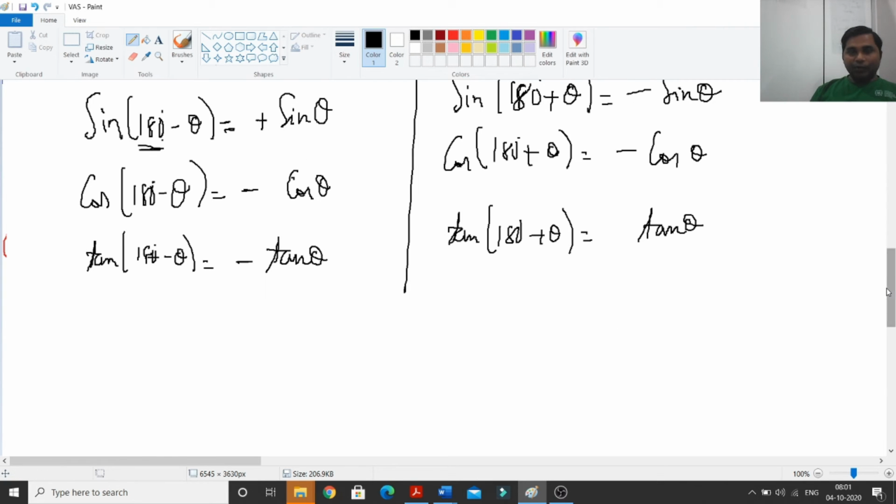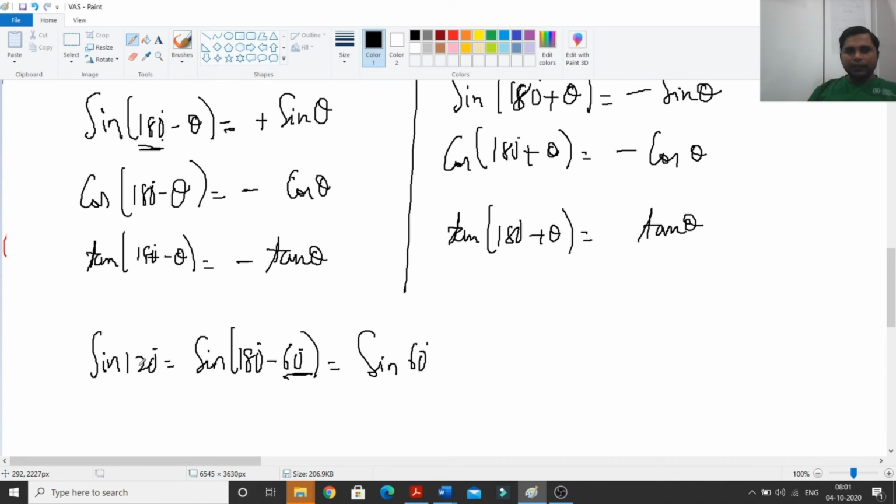Let me give an example to make you understand better. If you want to find the value of sine 120 degree, sine 120 is the same as sine 180 minus 60, right? It is like 180 minus theta, theta is 60 here, which will be the same as sine 60. So let's say we want to write tan 240 degrees.